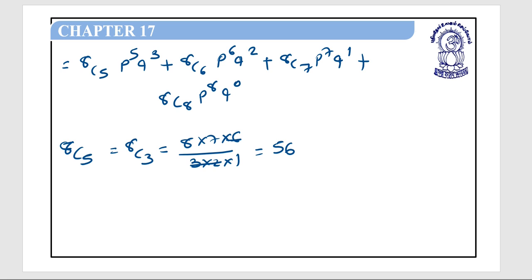So directly we can put into these questions. 8c6 is equal to 8c2 is equal to 8 into 7 upon 2 into 1, 2 4s are 4, 7 4s are 28.